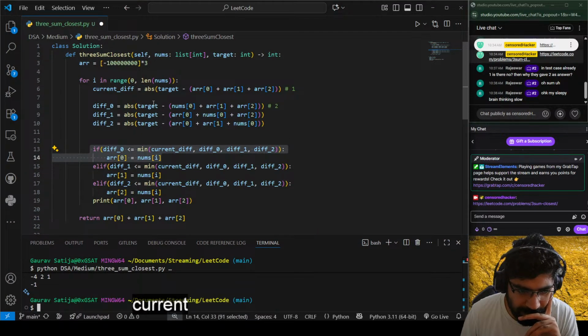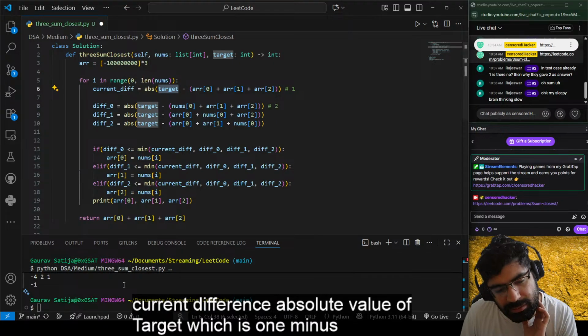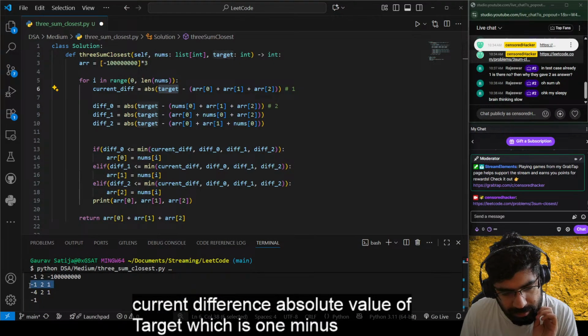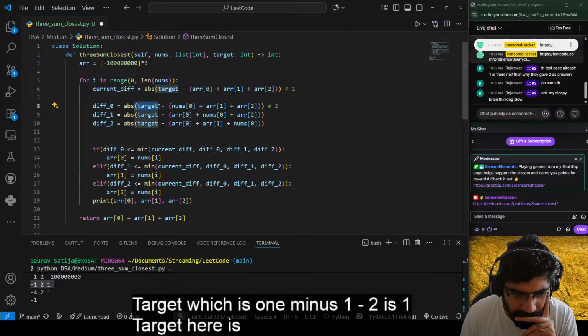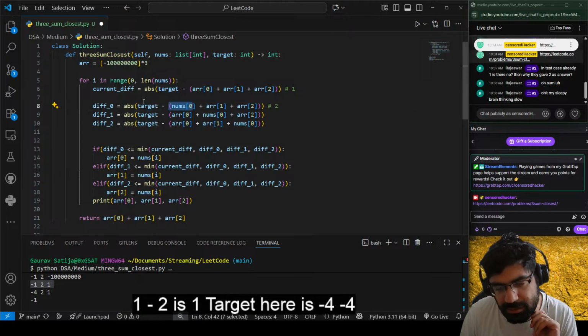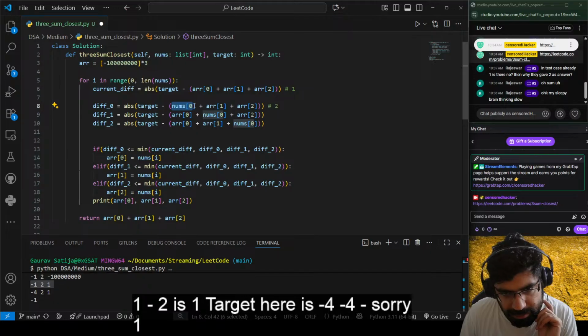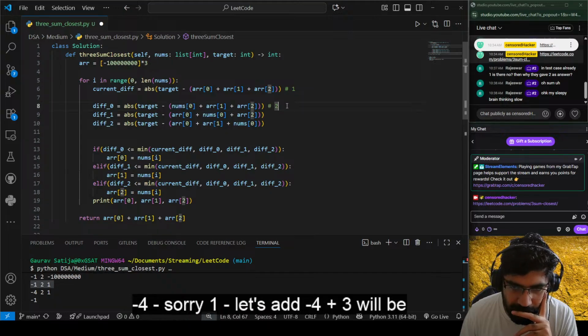Current difference, absolute value of target, which is 1 minus 1 minus 2 is 1. Target here is -4. -4 plus 3 will be -1.